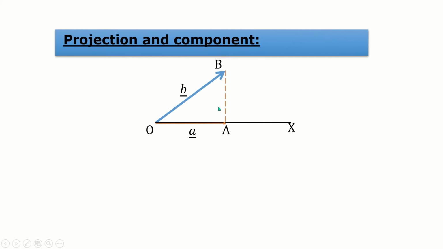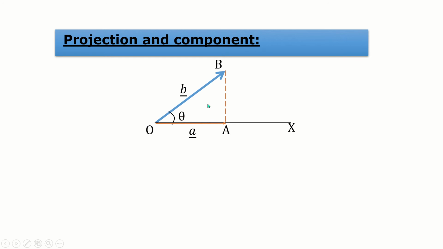As we get the projection by drawing a perpendicular, it is also called orthogonal projection. Clear? And as this is perpendicular, this triangle is a right angle triangle, and let this angle be theta.